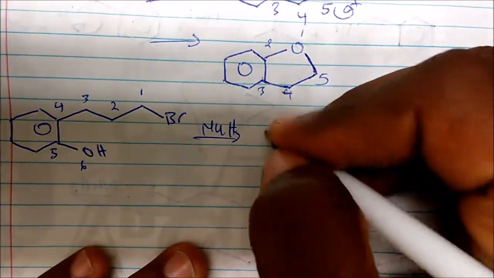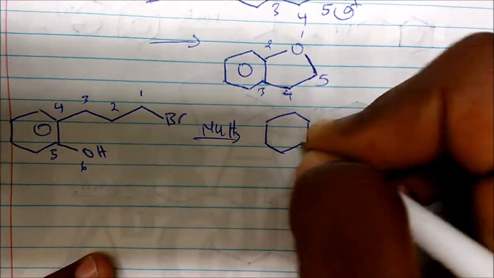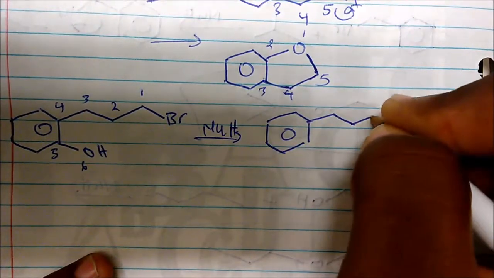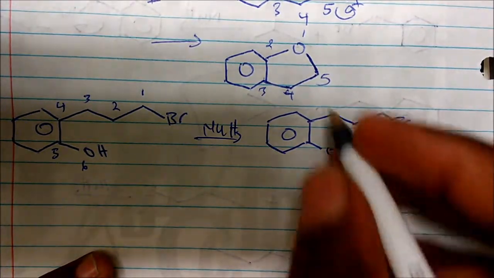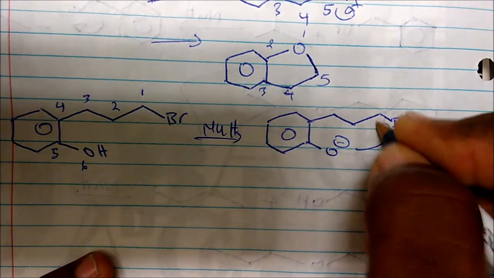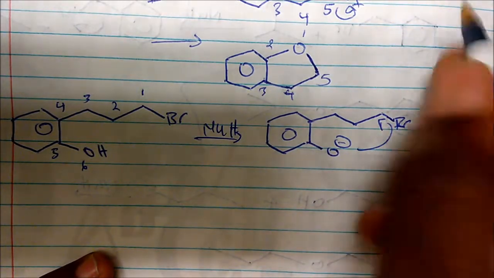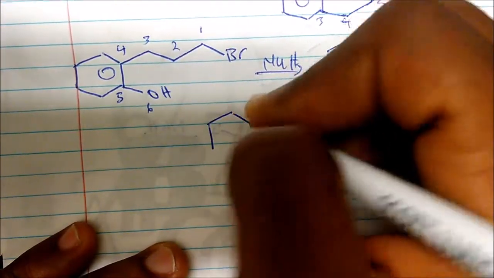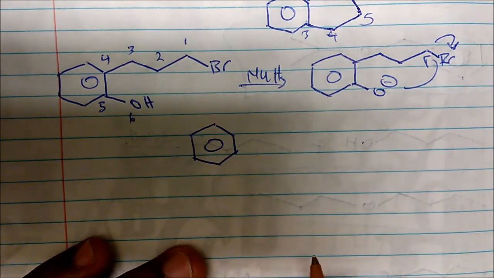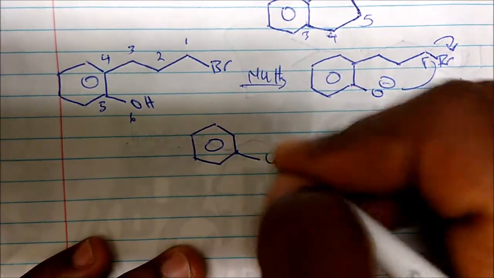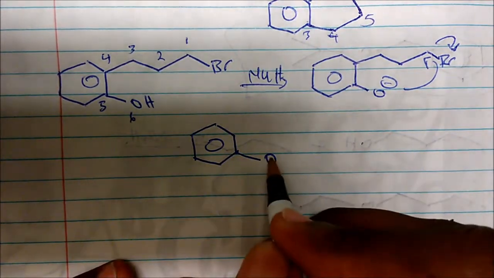So again, when I deprotonate, I'm going to have my oxygen that's negatively charged. And this is going to simply attack the carbon containing the leaving group and expel the leaving group. So the product for this reaction will be, let's count. Well, we have an oxygen down here, right? So this is 1, 2, 3.